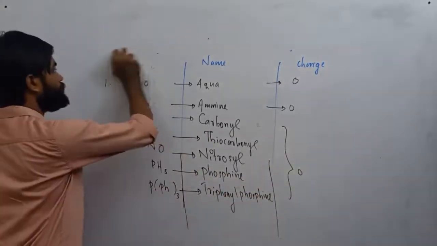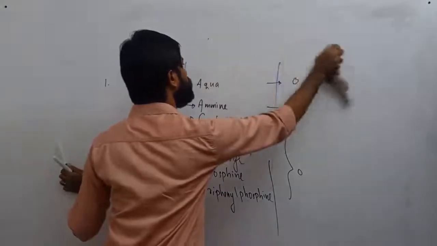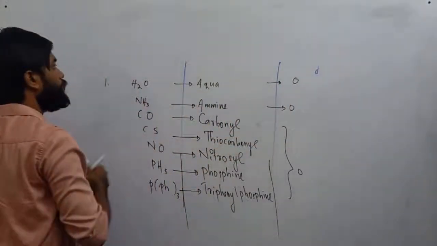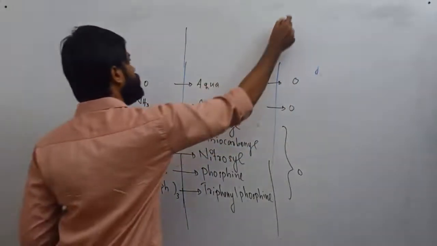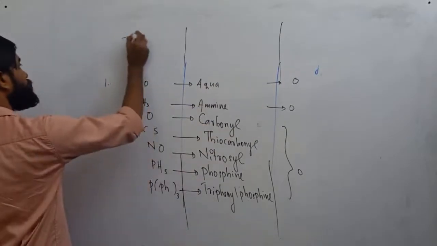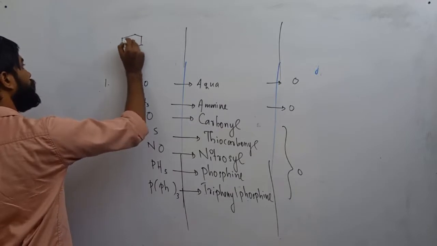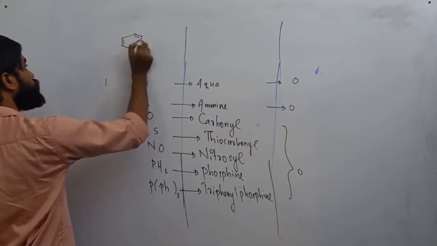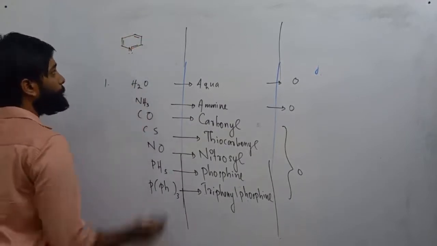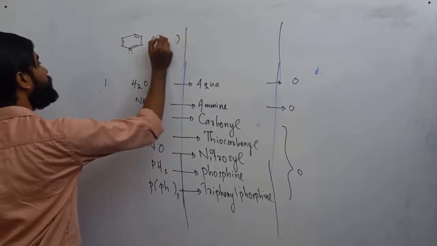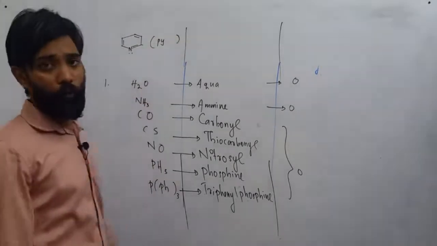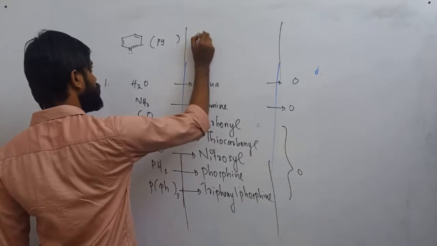I'll give you more. The next neutral ligand is pyridine, usually abbreviated as py.